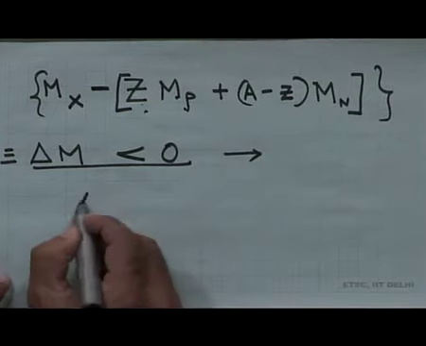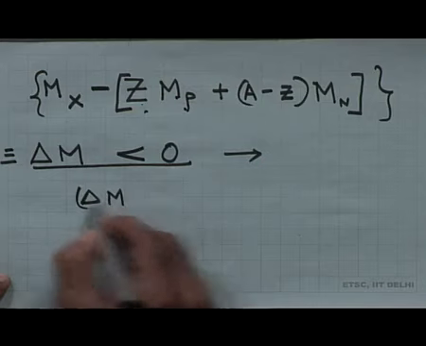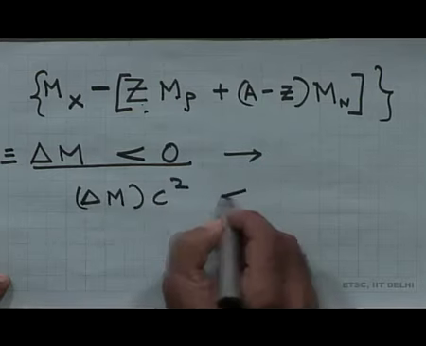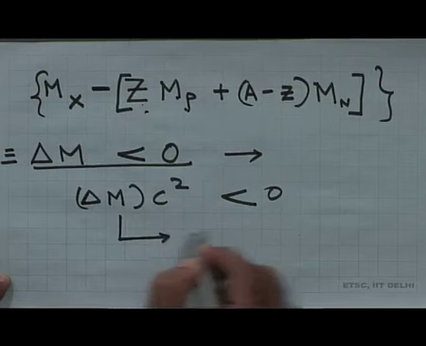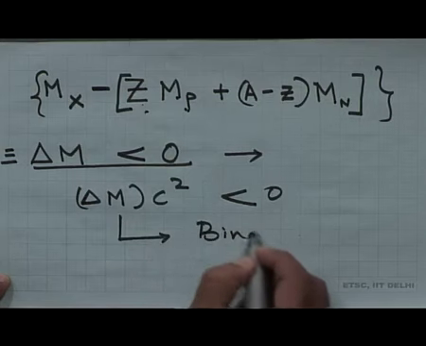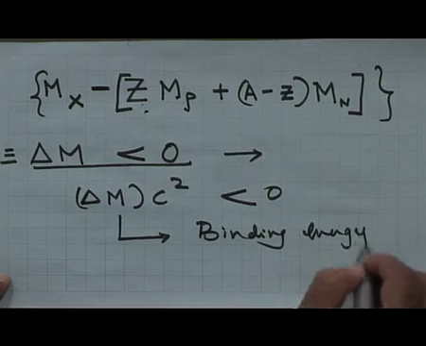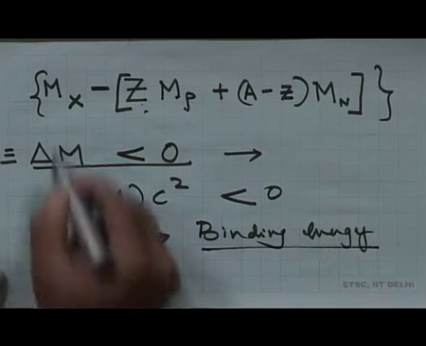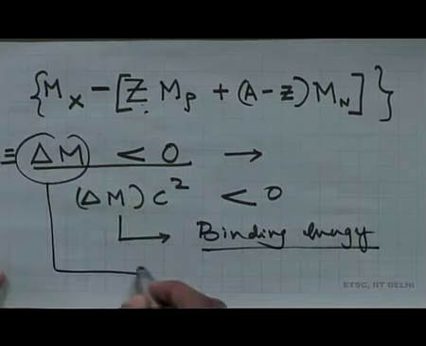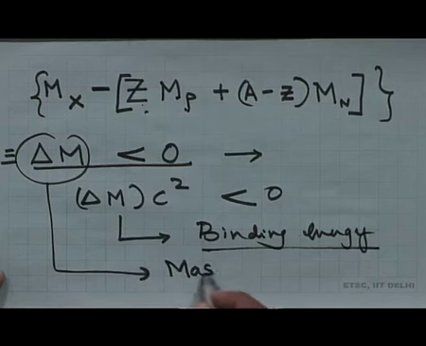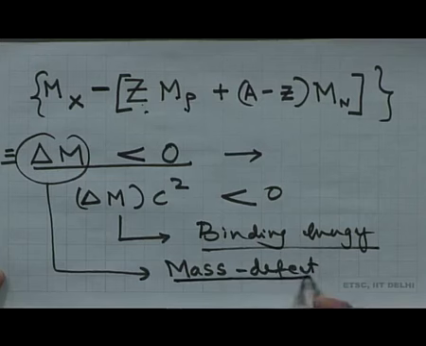I will say delta m c squared is less than 0 and this is my binding energy. And this delta m is my mass defect. Defect means it is wanting.